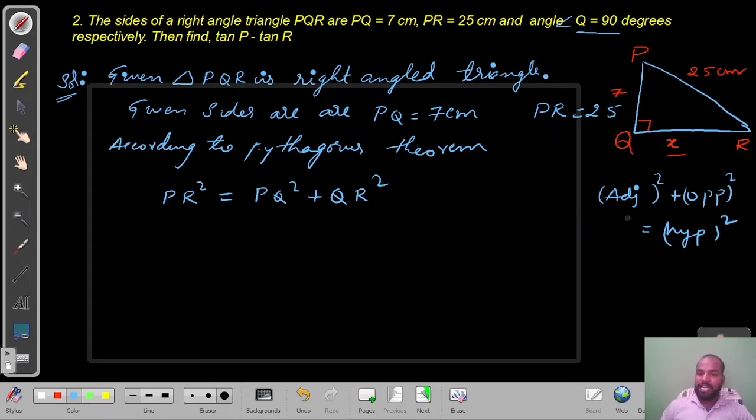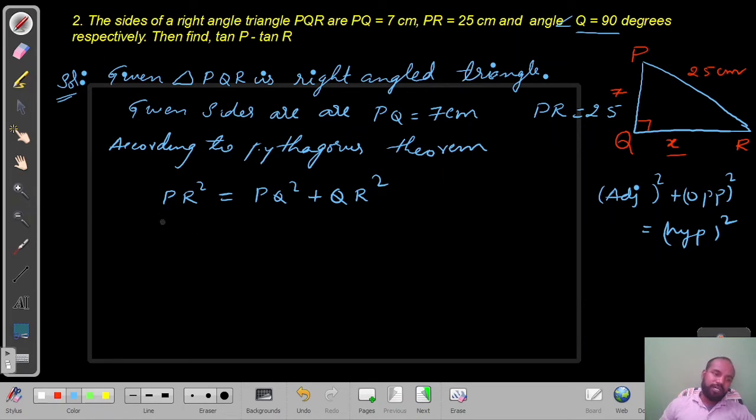So now I have written as per the Pythagoras theorem. Hypotenuse square is PR square. Adjacent is QR and opposite is PQ. Next, what is the PR value here?